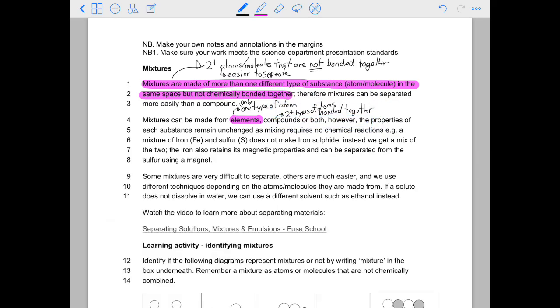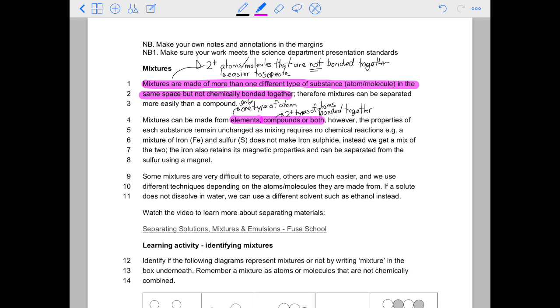So we can have elements, compounds, or a mixture of both. However, in that mixture, the properties of each substance remain unchanged. So the properties stay the same.